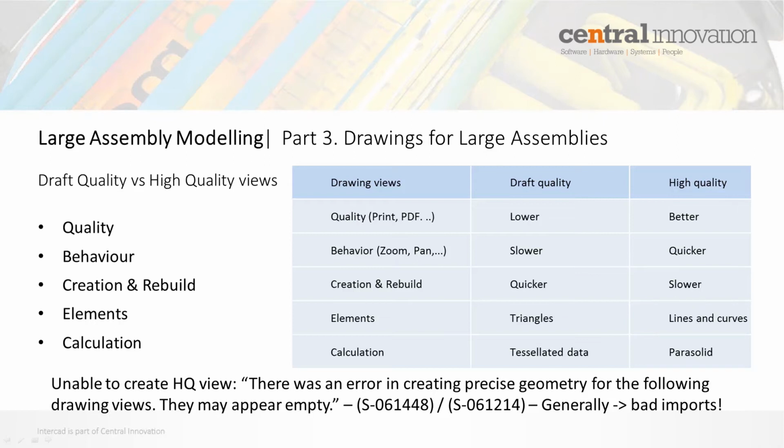And the reason that they don't generally export with regards to this error is due to bad imported geometry. So neutral CAD formats being imported into SOLIDWORKS quite often have faces that aren't healed properly or aren't repaired.